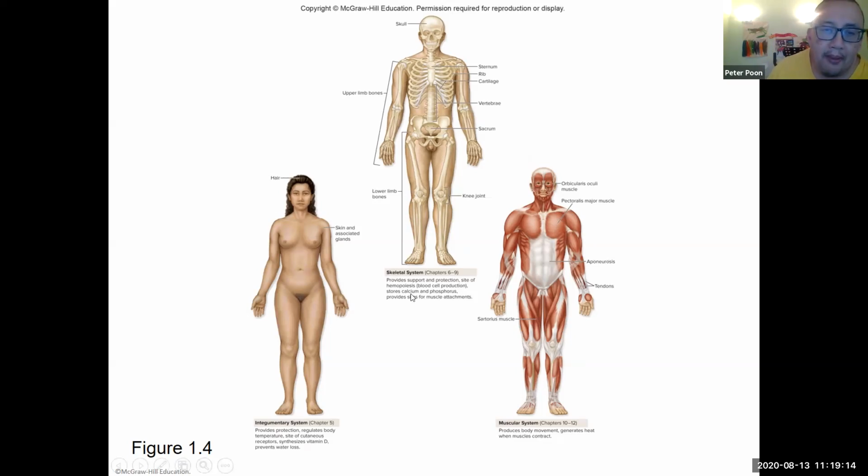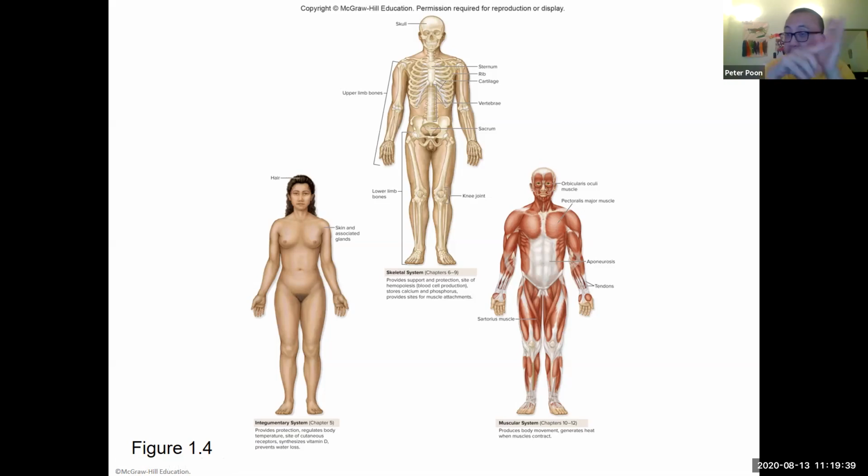The skeletal system is your support structure, and along with it, your protective structure. Your ribs protect your heart, your cranium protects your brain, etc. The system that works along with the skeletal system is the muscular system.